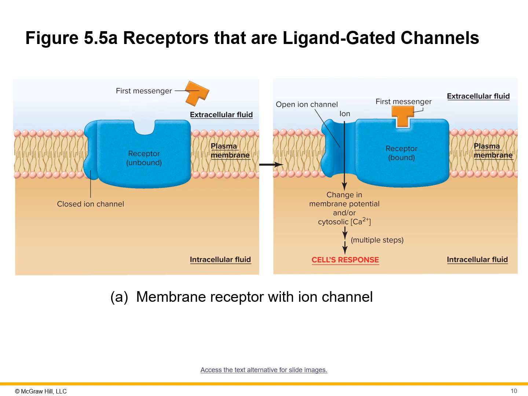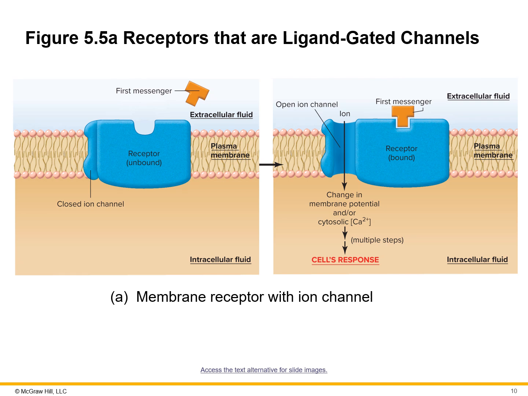And if calcium goes through this open channel from the outside of the cell to the inside of the cell, it's going to take more steps to get to the cellular response, but that is initially how that ligand-gated channel works.